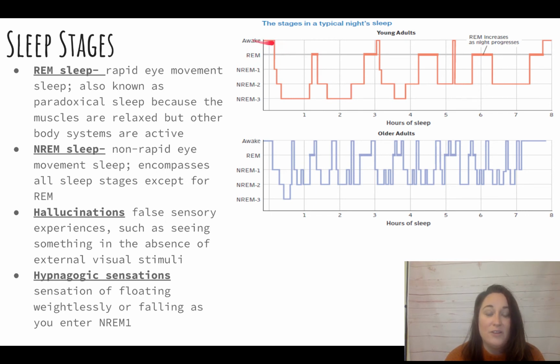You're not fully alert and awake. You're more like here. So that's when you can start to have those things, even though you're not fully in REM sleep. You can also have hypnagogic sensations, which is that feeling of floating or falling. I personally get the falling one a lot, and that would happen more around non-REM 1.